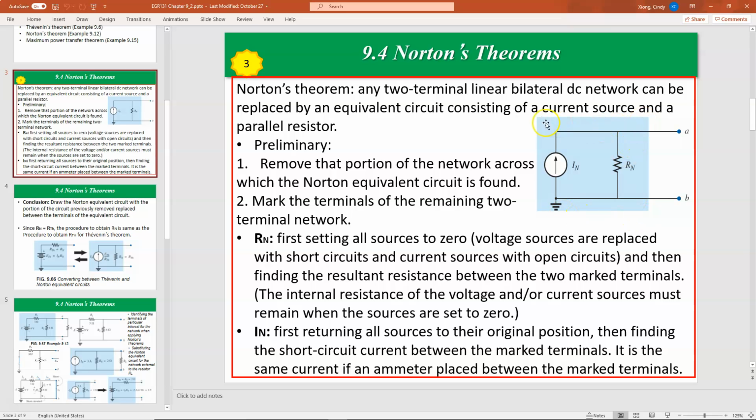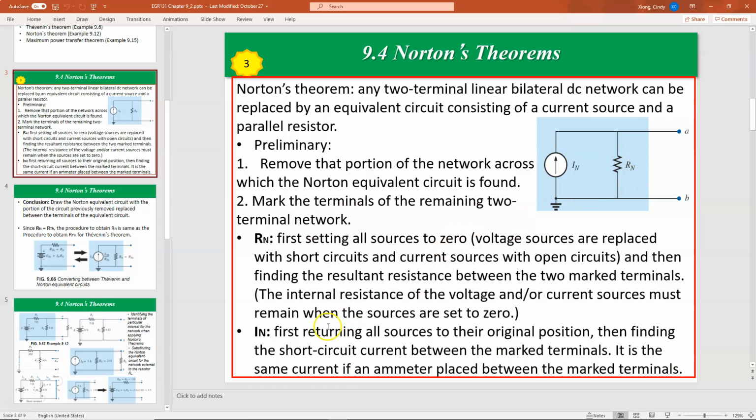Inside the blue box we get the Norton equivalent circuit. What we need to do is find the parallel resistor Rn and also the current source In. The N means Norton.